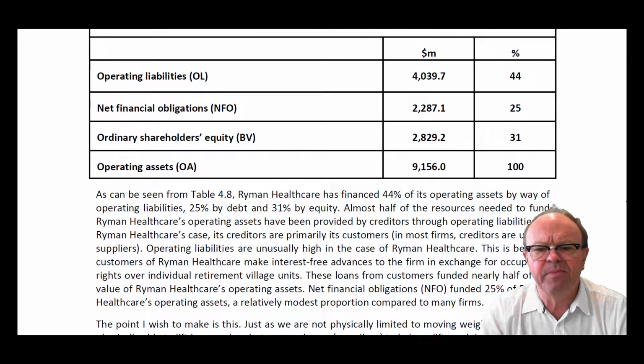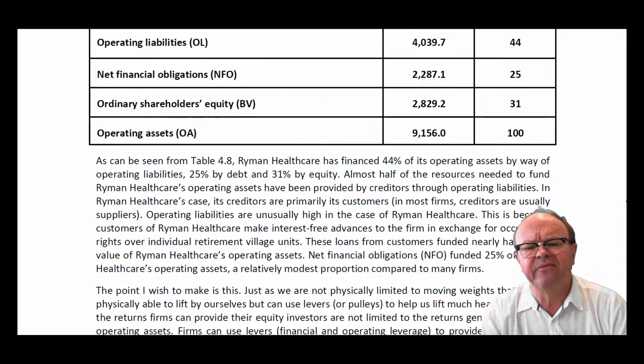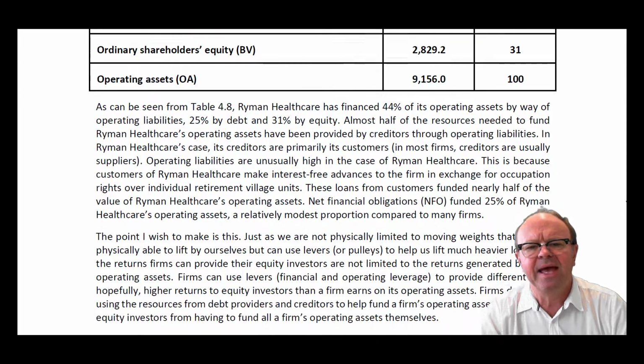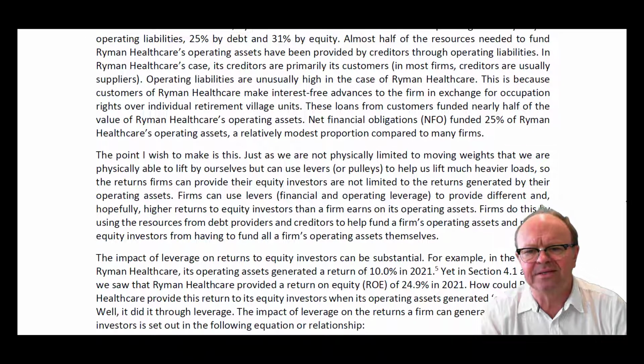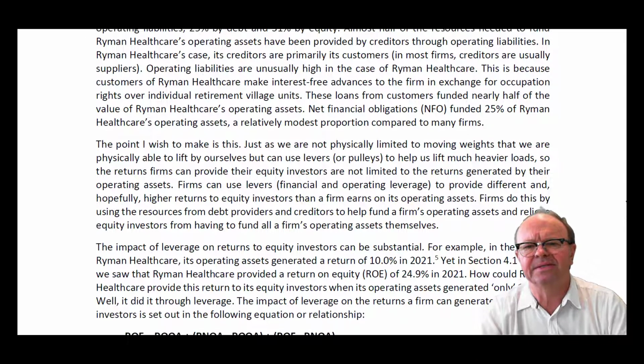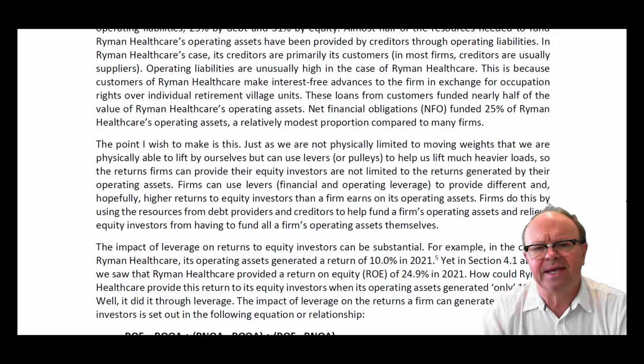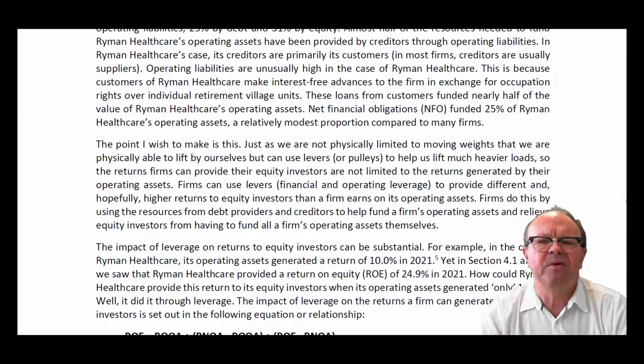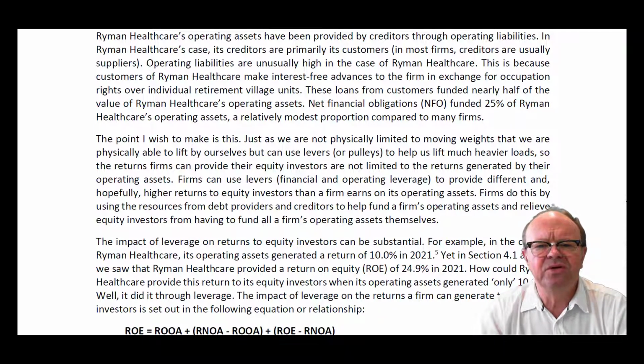Almost half of the resources needed to fund Ryman Healthcare's operating assets have been provided by creditors through operating liabilities. In Ryman Healthcare's case, its creditors are primarily its customers. In most firms, creditors are usually suppliers. Operating liabilities are unusually high in the case of Ryman Healthcare.